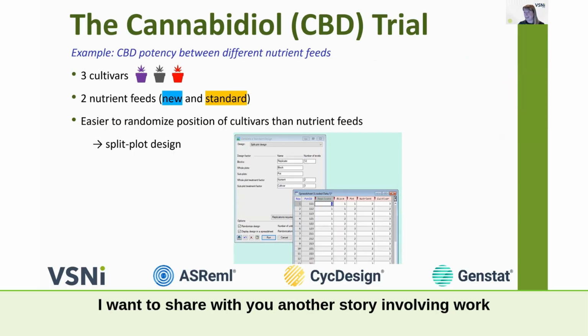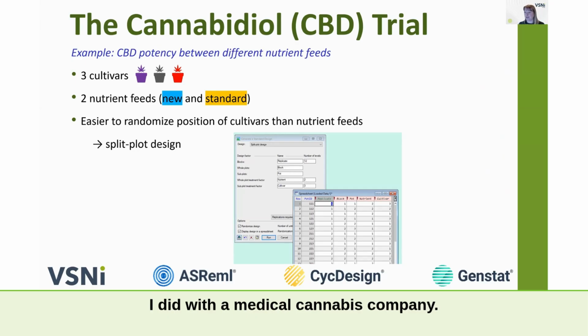Now, I want to share with you another story involving work I did with a medical cannabis company. There was a new nutrient feed on the market, but before they considered switching to it, they wanted to see if it would actually increase the CBD potency of their 3 flagship cultivars.